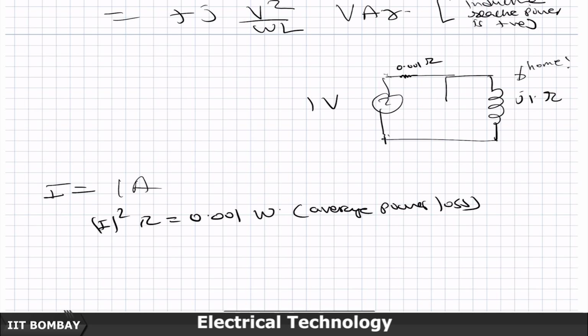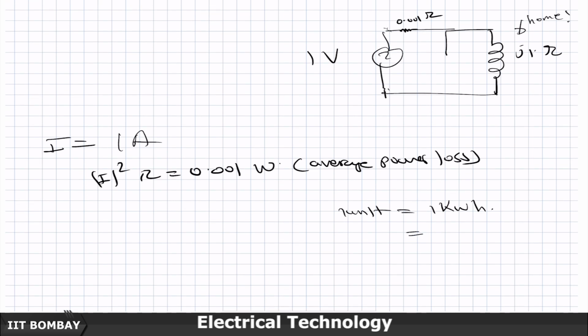The energy, incidentally, 1 unit is 1 kWh, kilowatt hour, which is 3600 kilowatt seconds, which is same as 3600 kilojoules.